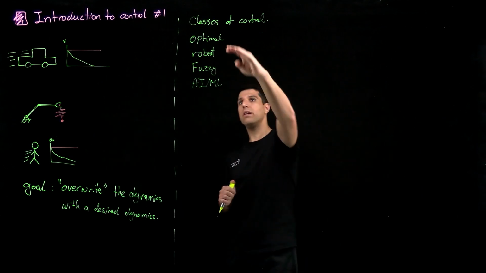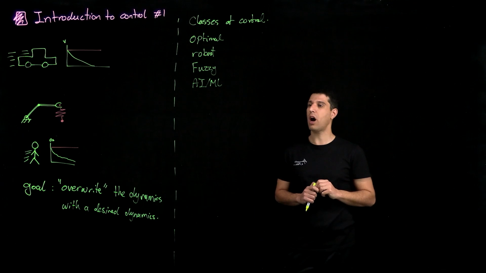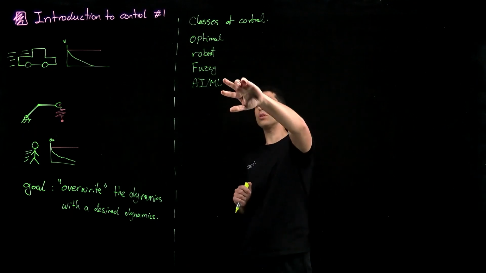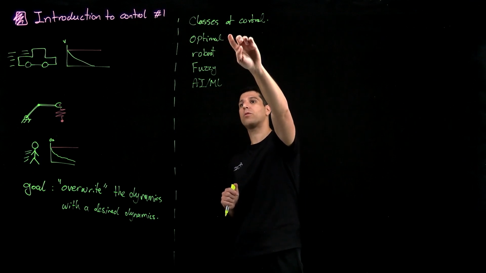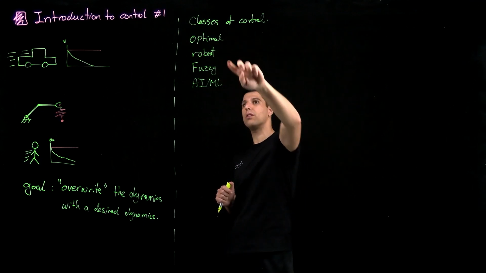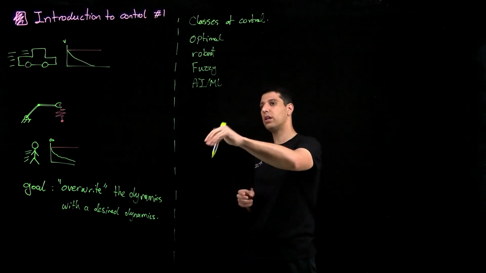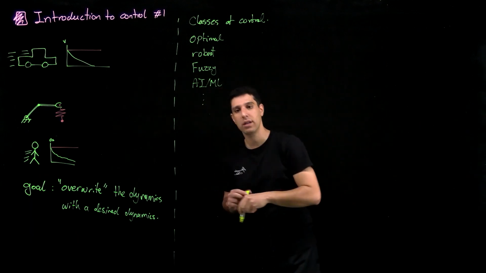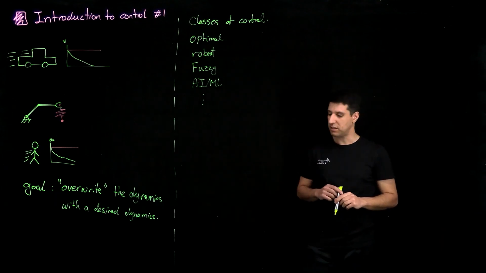So there are many different categories or types of control. This machine learning can also be different. Machine learning could be an optimal controller, or you may want to design a robust controller using machine learning, and so on. So this is not an exhaustive list.